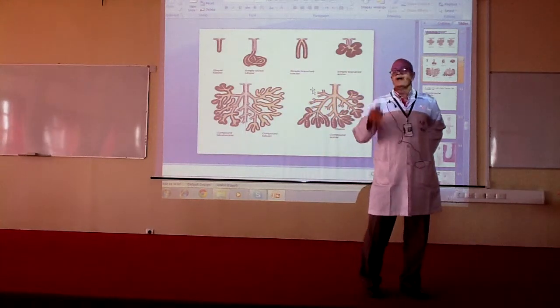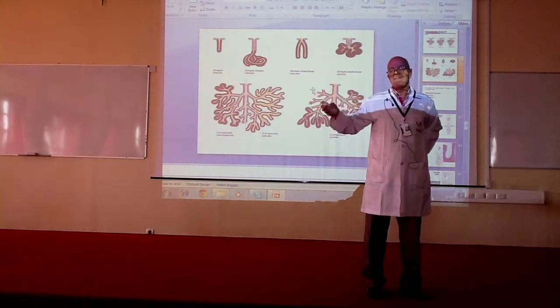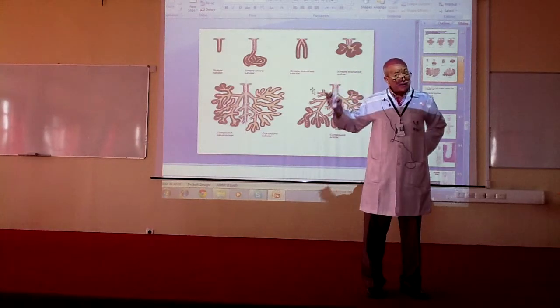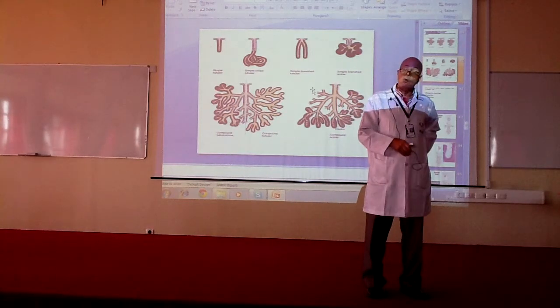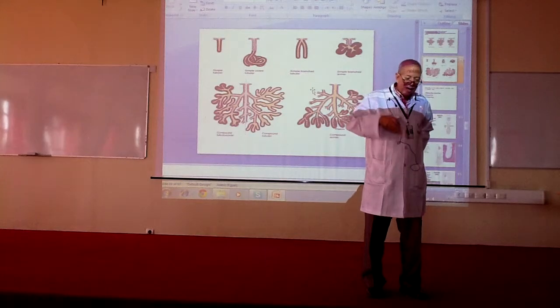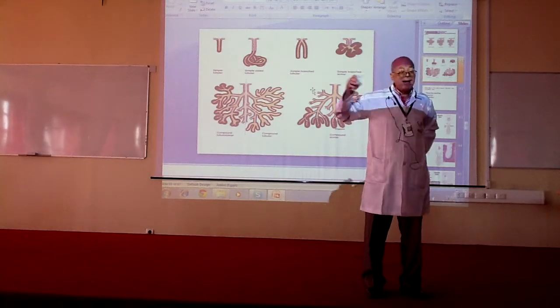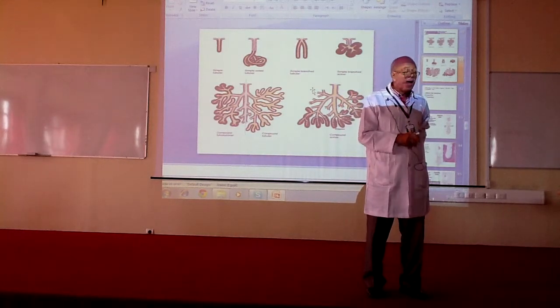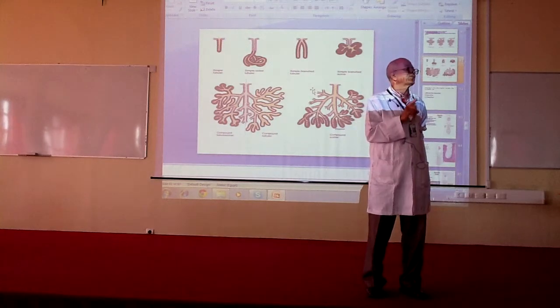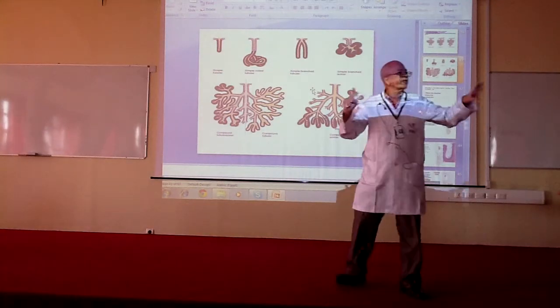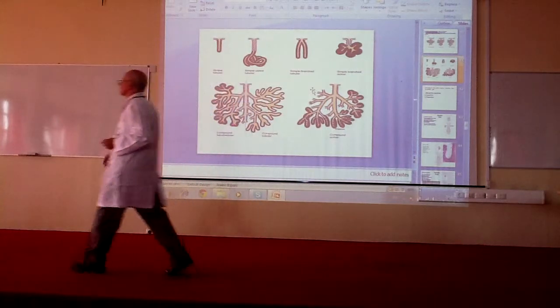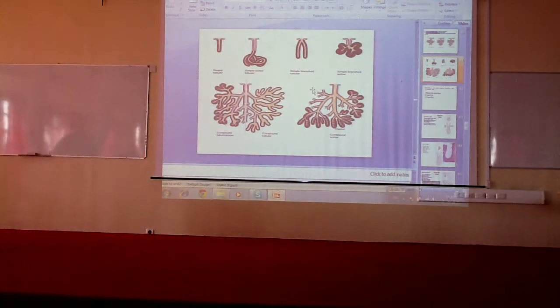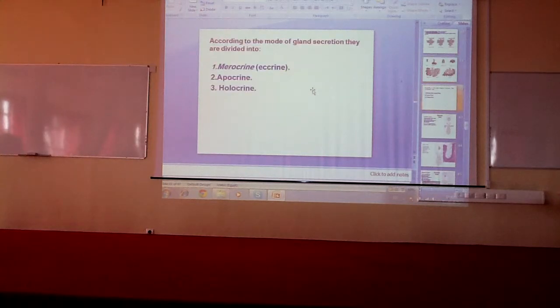Also we have simple branched tubular, simple branched alveolar, and simple branched tubulo-alveolar. What else? Compound tubular, compound alveolar, and compound tubulo-alveolar, and you have to know the site. Okay? I already mentioned before. Site. Key. Site.